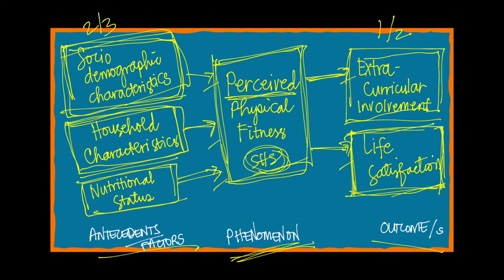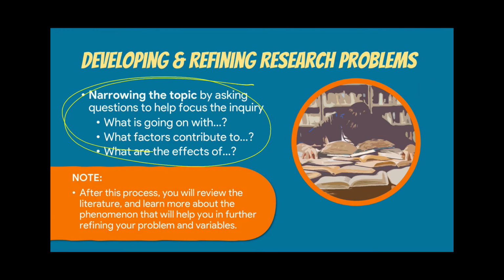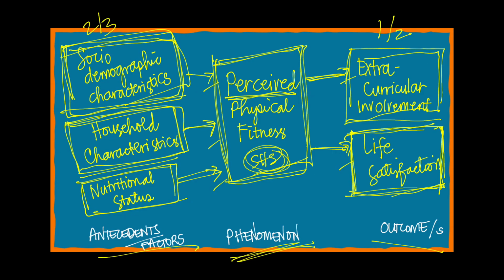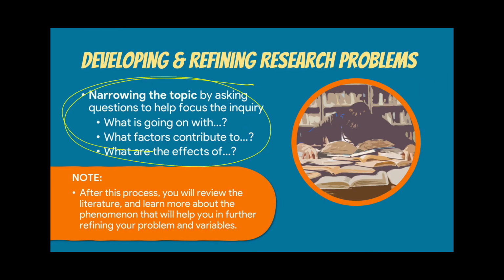More importantly, after doing this schema and laying down all of the concepts that you need to study, you have to confirm the relationships that you are trying to suggest in your conceptualization using literature review.